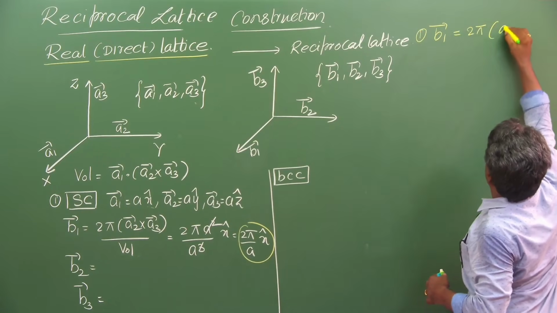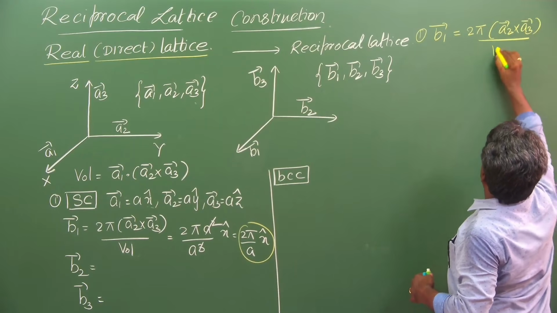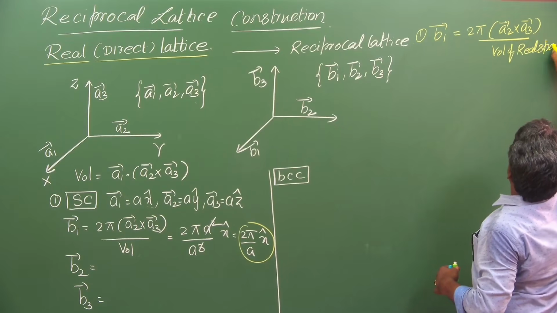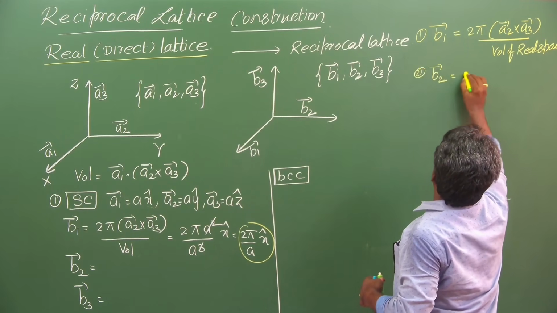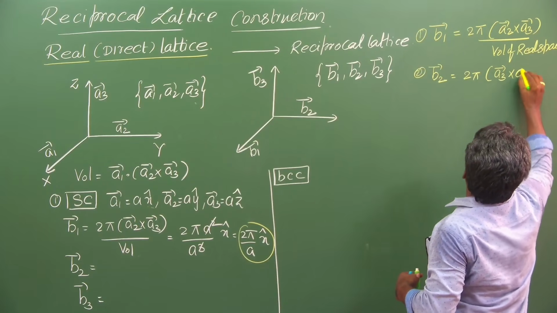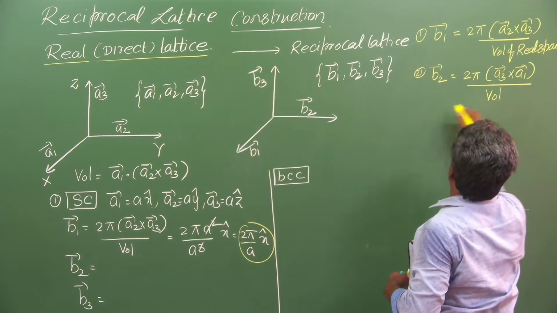2 pi, this is A2 bar cross A3 bar by the volume of real space. Don't copy this formula, try to write it yourself, then only you will remember.